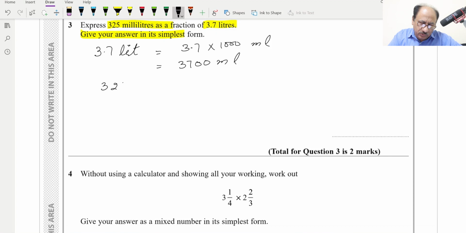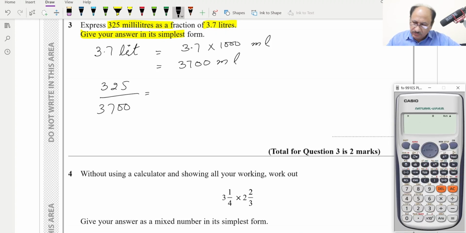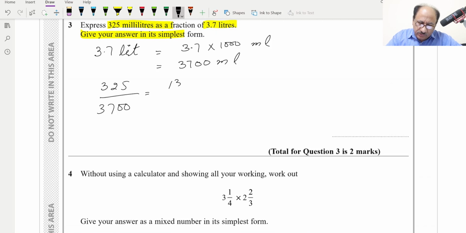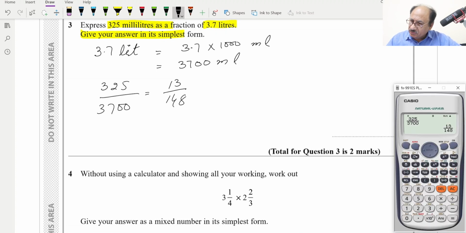So 325 divided by 3700, and this is equal to 13 over 148. Even you can show cancellation also.